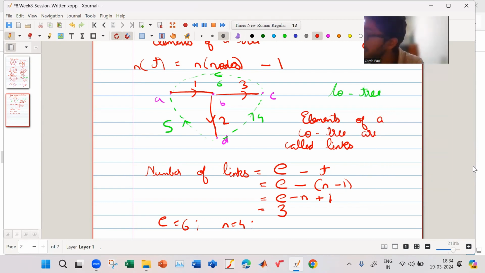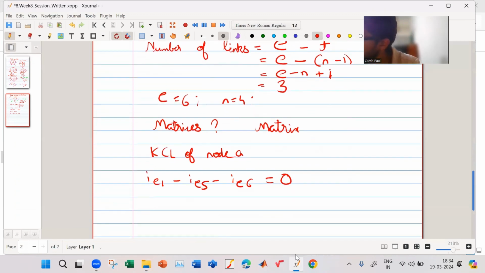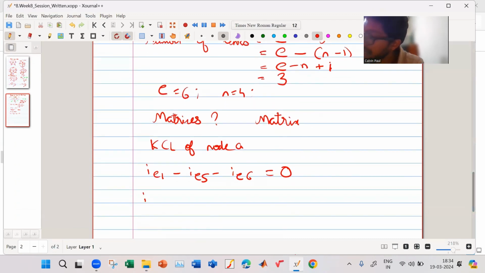Okay, correct. So it is minus I1 plus IE2 plus IE3 is equal to 0. This is for node B.